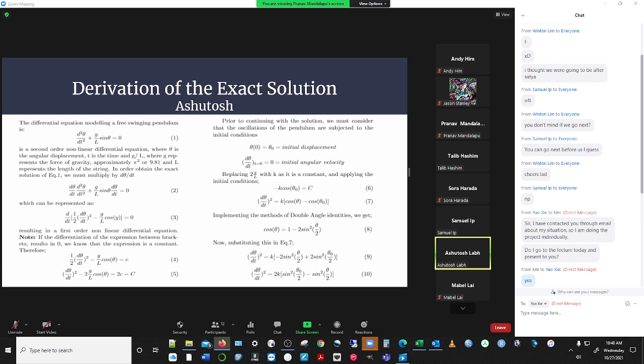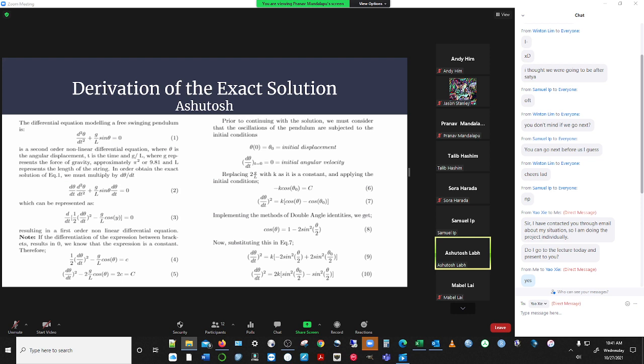Now we have half d theta over dt squared minus g over L cos theta equal to a constant. Why is it equal to a constant, you may ask? It's because when we look at equation 3, differentiating the expression gives 0, and you can only get 0 if you differentiate a constant. Therefore, equation 4 is equal to a constant.